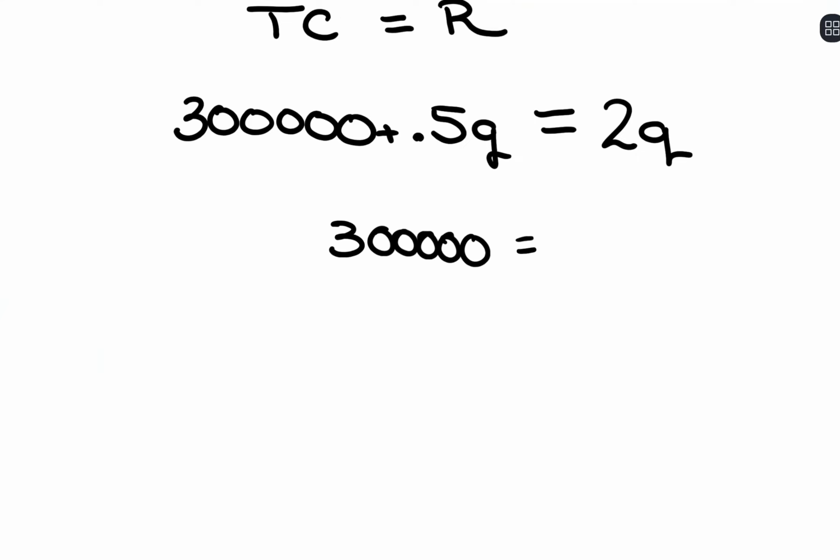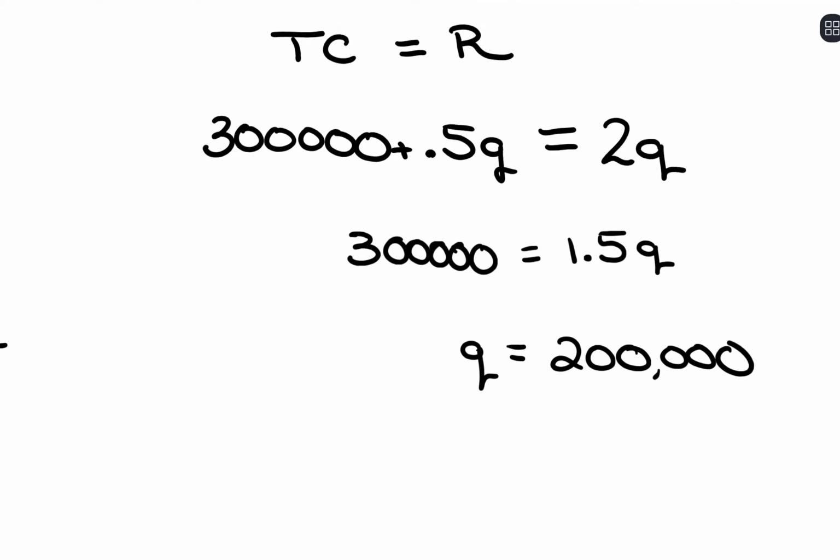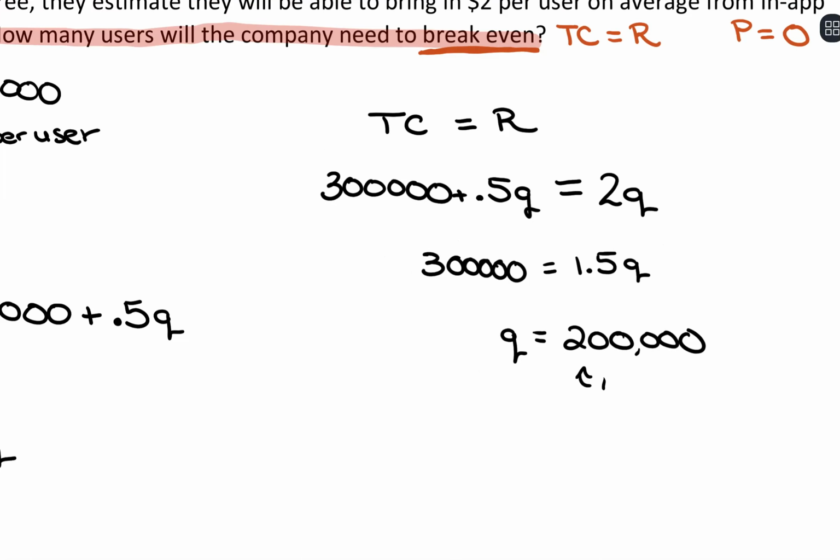So I'll be left with 300,000 equals 1.5 Q. Divide both sides by 1.5, and that should be 200,000. So this is the number of users needed to break even.